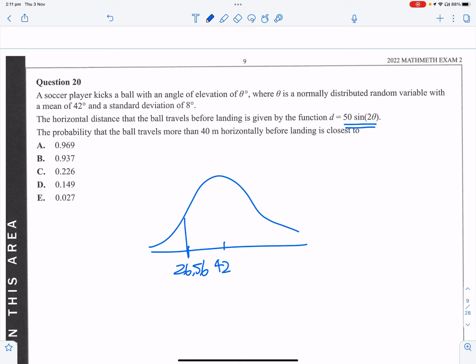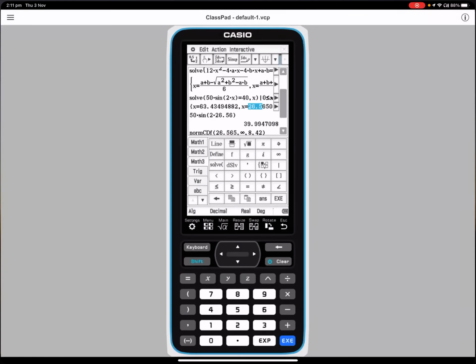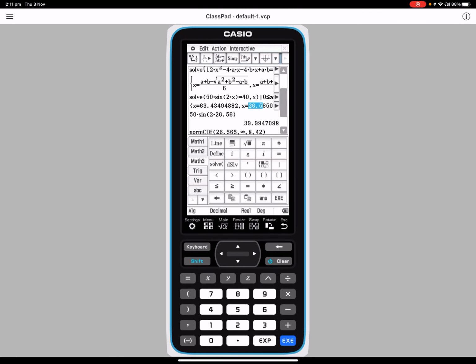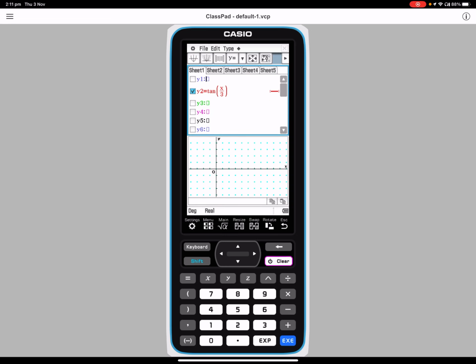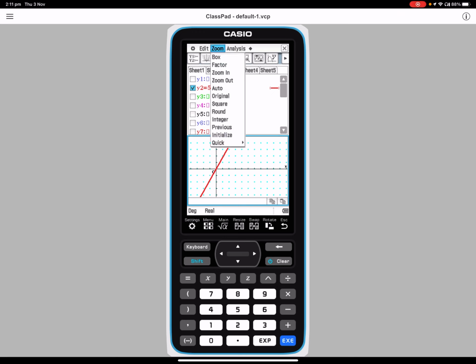Sine 2 theta. Let's go 50 sine 2x. Zoom out.